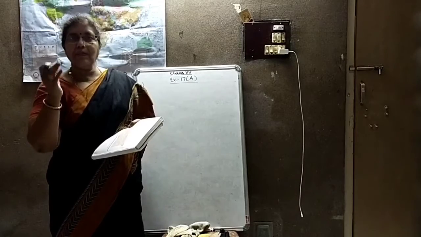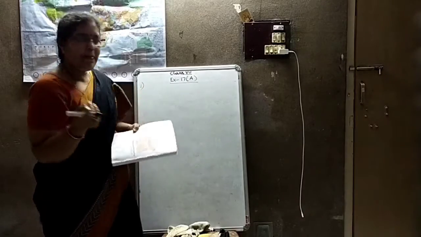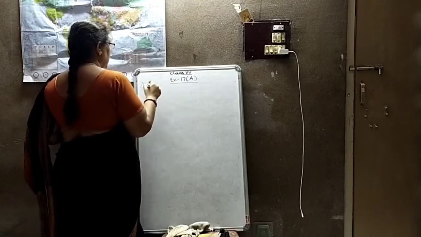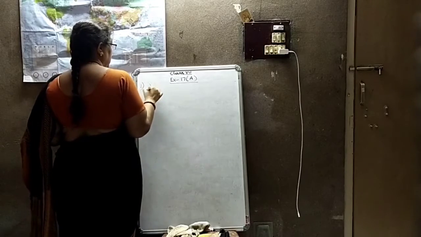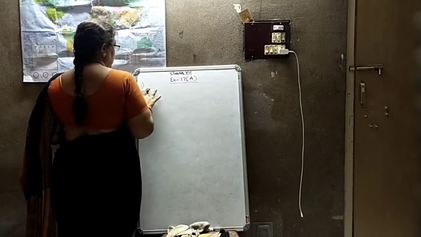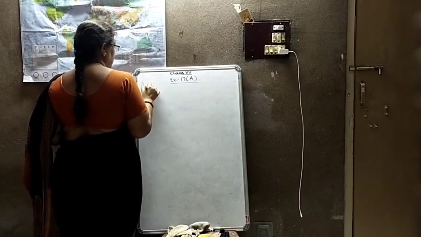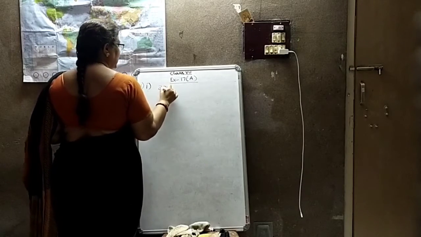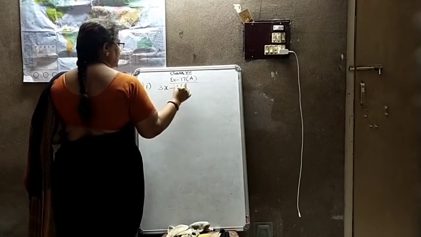From where? From 3 times x. Simple answer: 3 times x minus y.